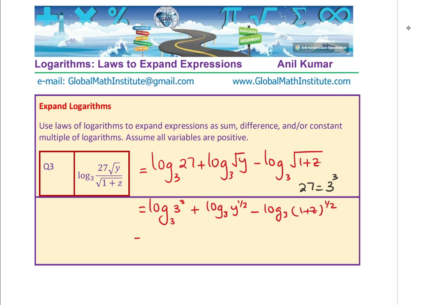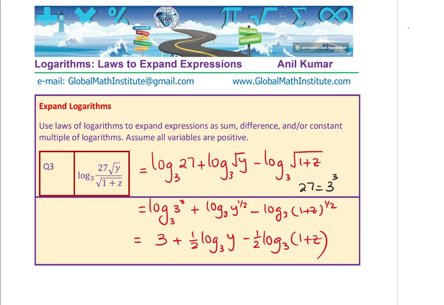And now I'll use the property log to the base 3 of 3 is just number 3. And here we get half of log to the base 3 of y minus half of log to the base 3 of 1 plus z. You see that? That is how we are going to expand this. Is it clear to you? Perfect. Now that was a very good question.